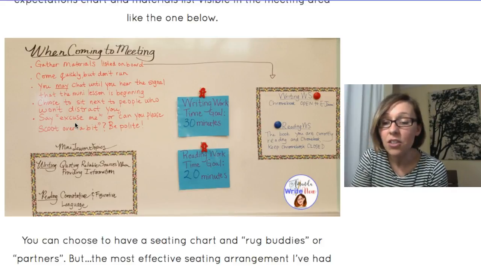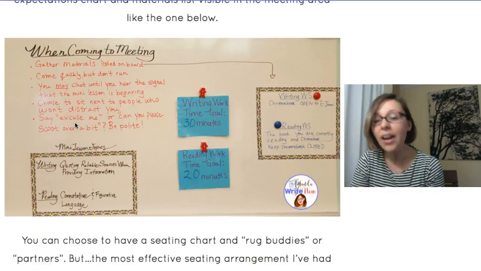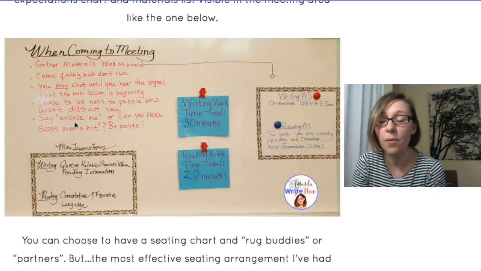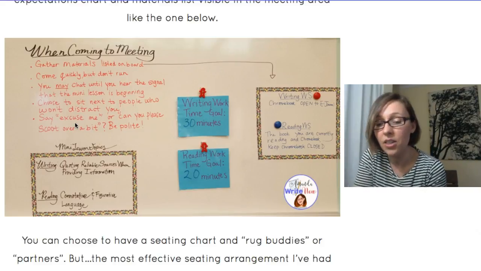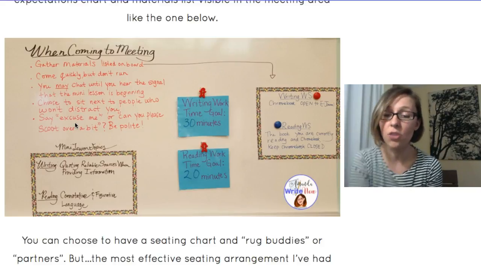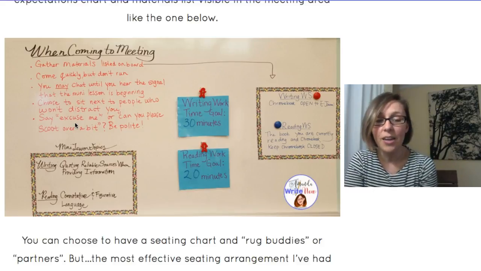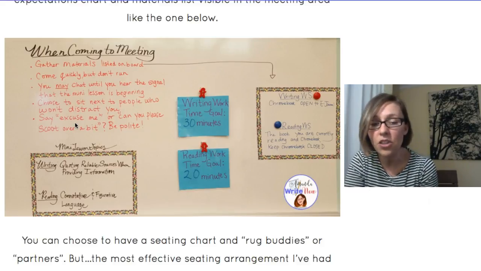A lot of teachers assign students partners. I've done this before, and there are benefits to assigning partners, because you're in control of which writers meet and which writers are supporting each other. You're in control of the behavior.